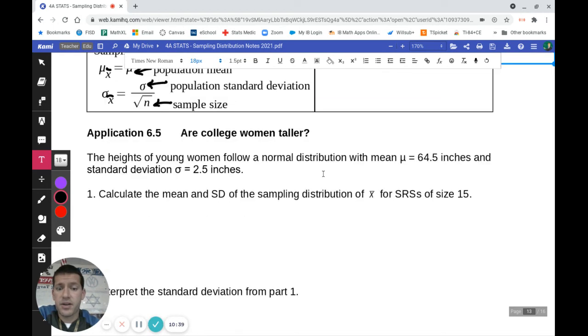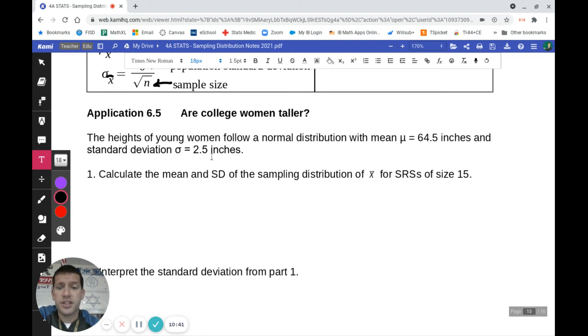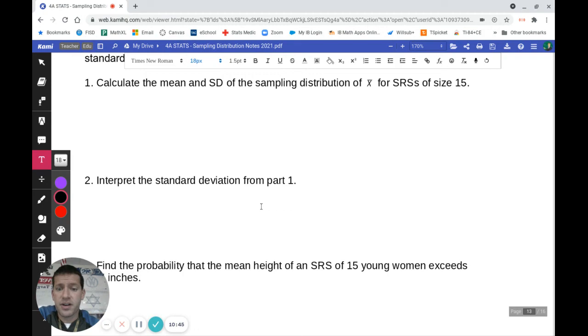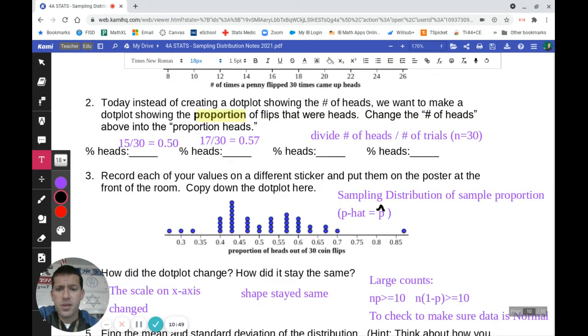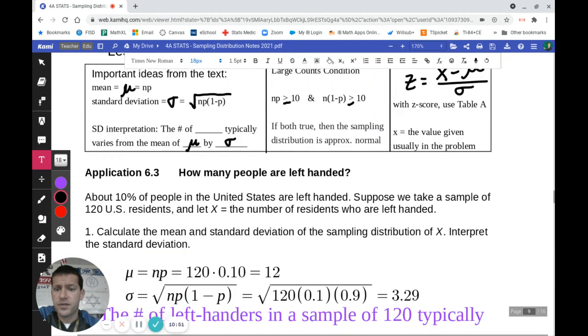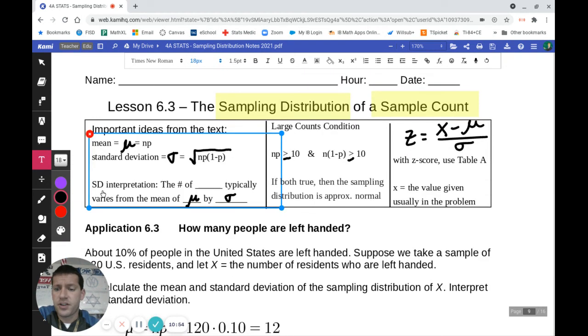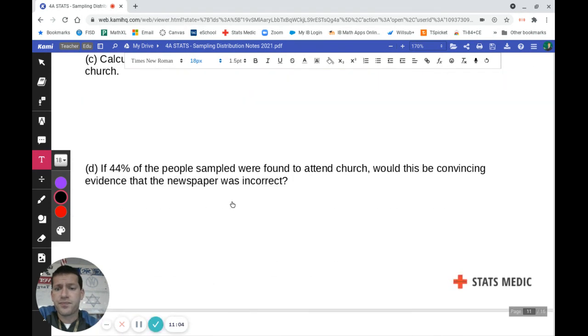You're going to practice this down here. You're going to calculate the mean and standard deviation given this information and this sample size. You're going to interpret the standard deviation. You can go all the way back up to where we have our interpretation of standard deviation, which was repeated here: the number of whatever we're talking about typically varies from the mean of, and then our mean, by our standard deviation.